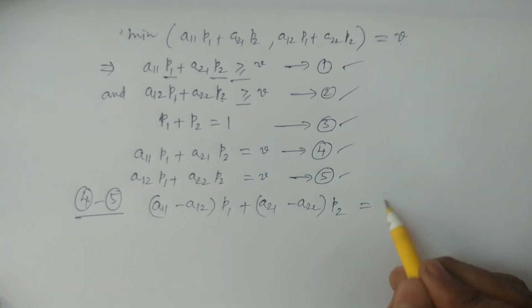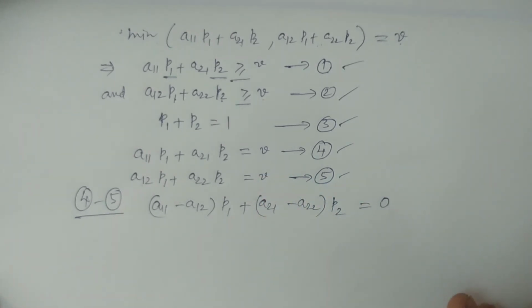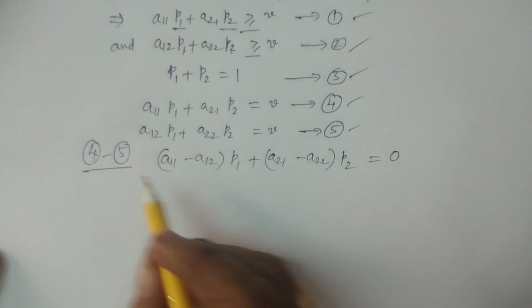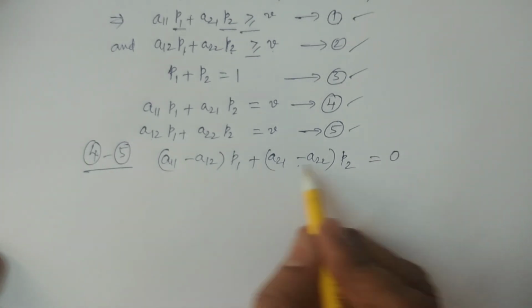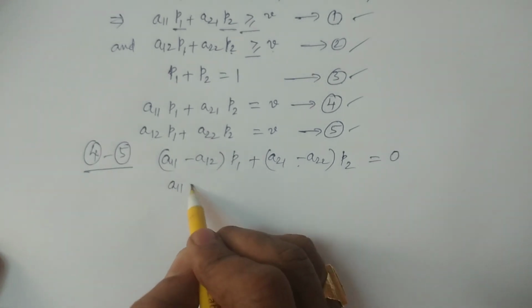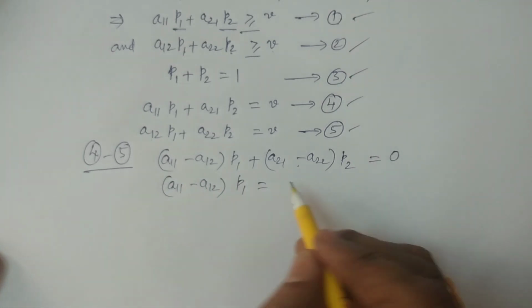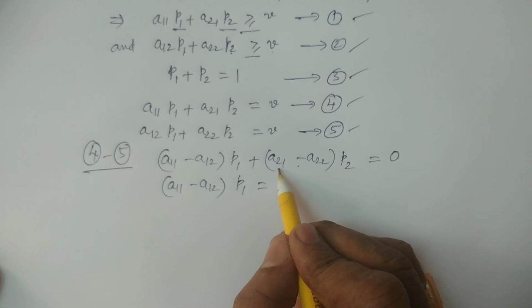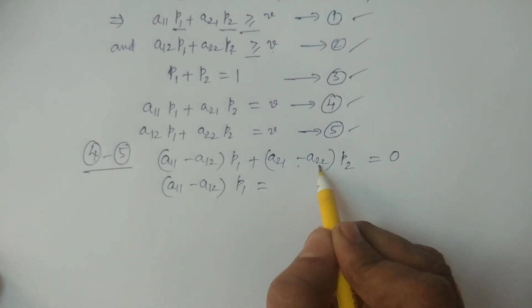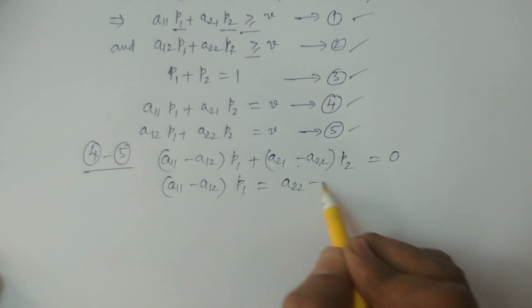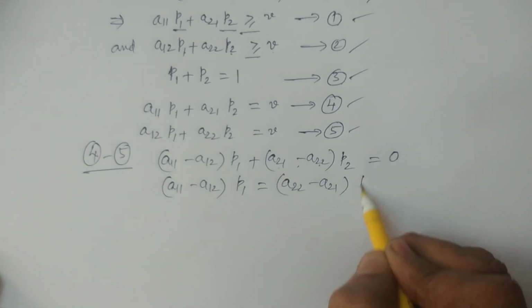Mu minus mu cancels, which is 0. Right, so I am calculating now. P1 is equal to, I take this particular value on the right-hand side. So (A11 minus A12) into P1 is equal to, I take this particular value, so minus (A22 minus A21) into P2.